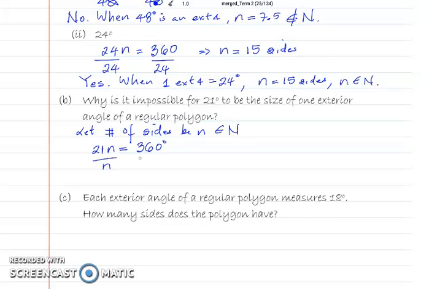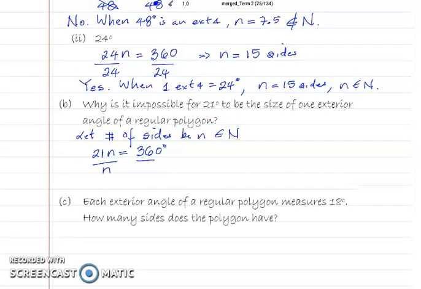So we divide both sides by what? Not by n, by 21. Divide both sides by 21, and we would get n is equal to 360 divided by 21. n is equal to approximately 17.1.